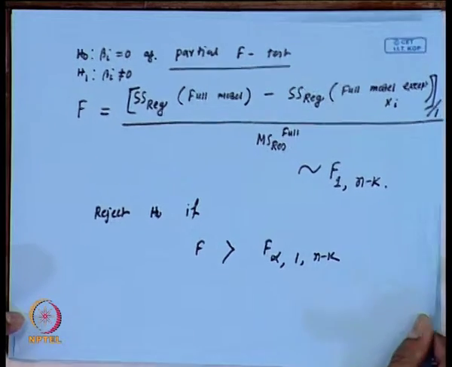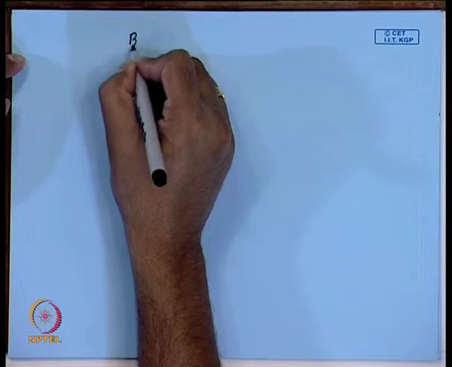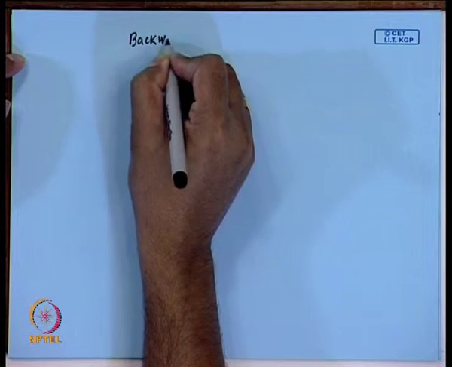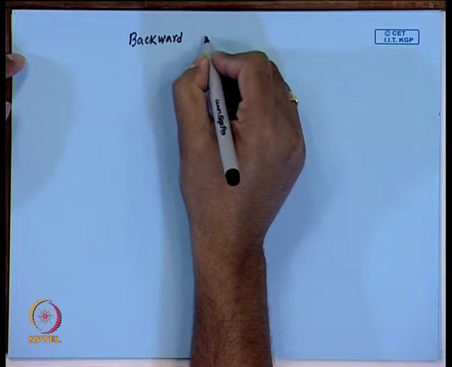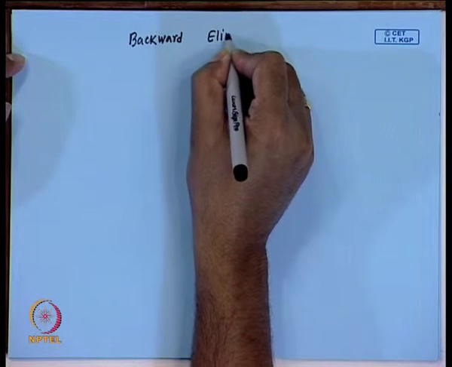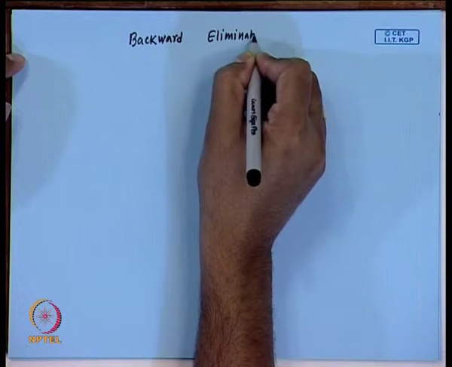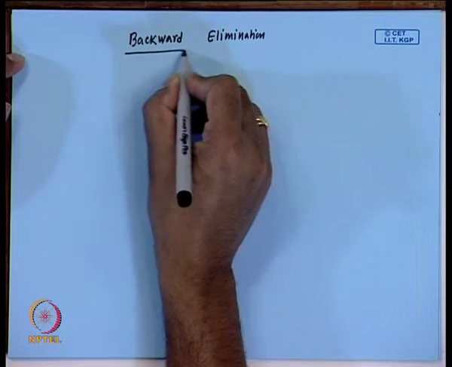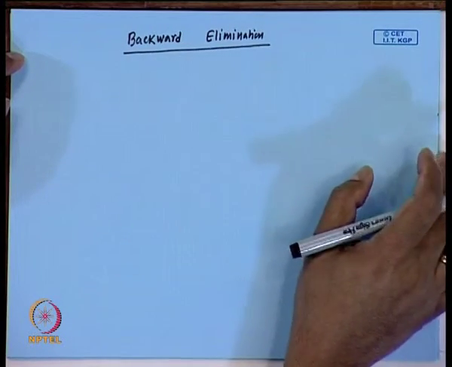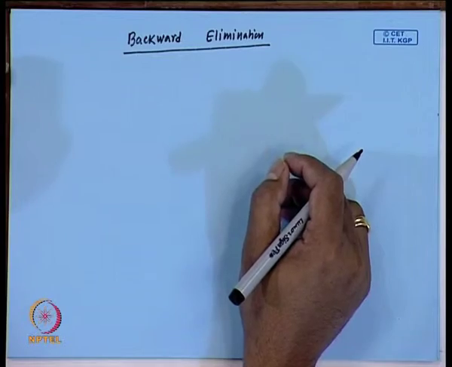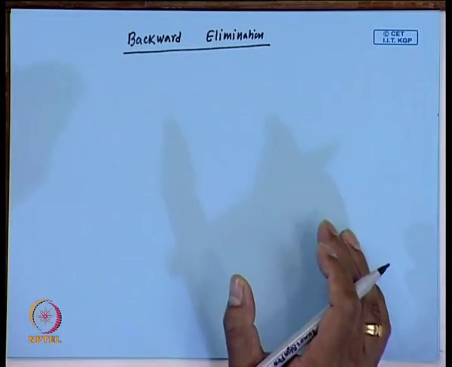Let me talk about the first technique, called backward elimination. The basic idea behind backward elimination is that we are looking for the best subset regression model.